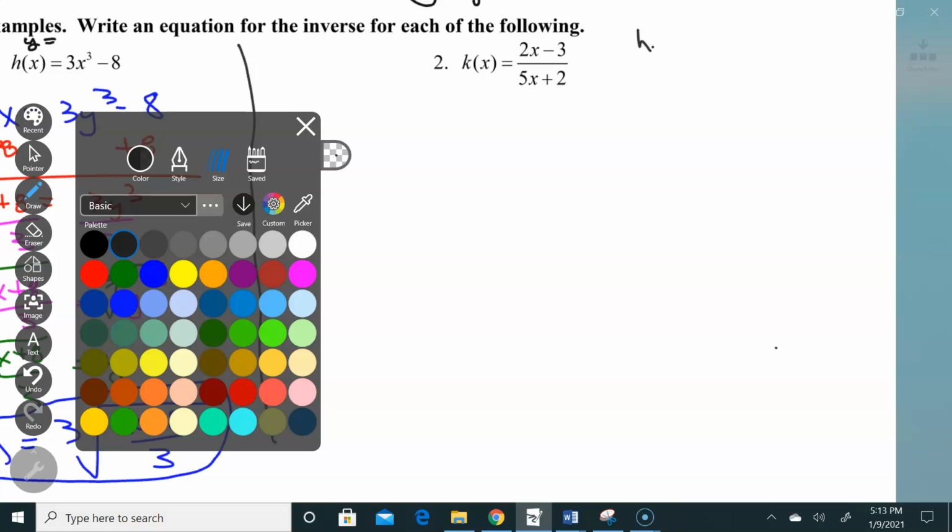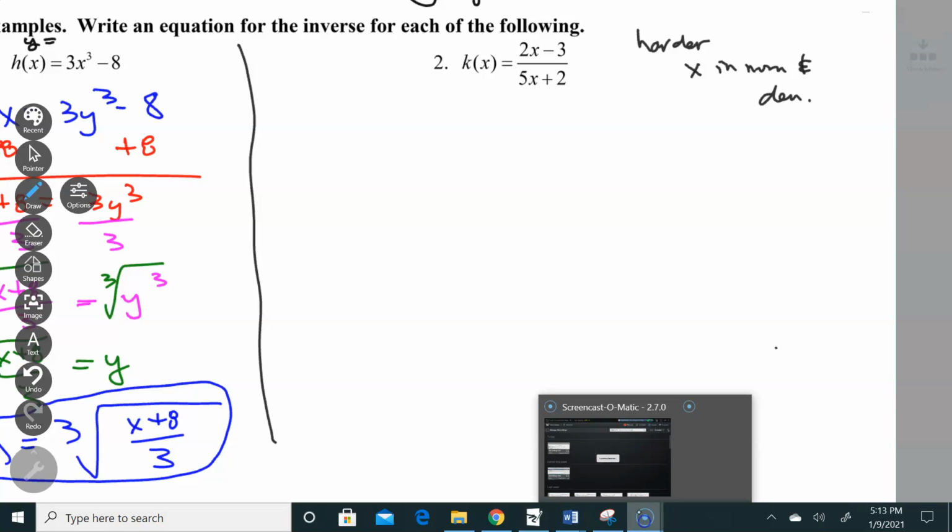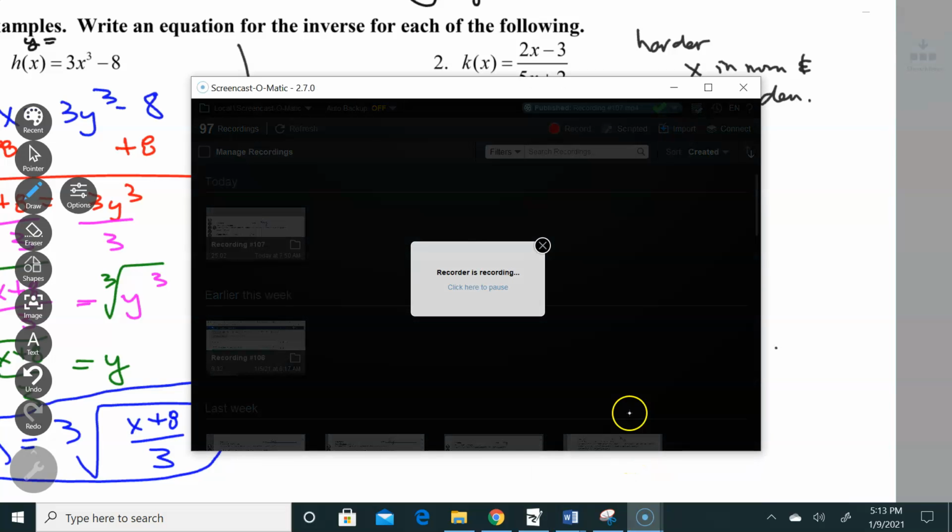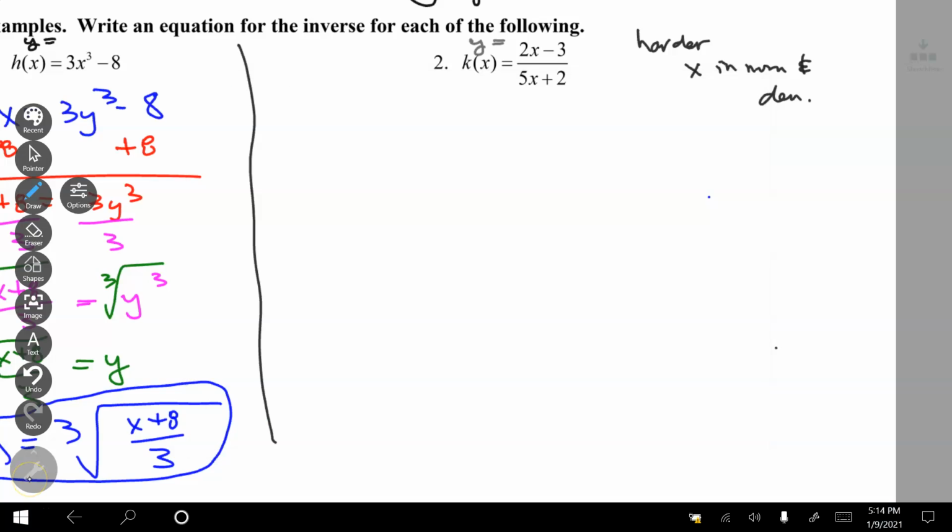This is harder because we have x in the numerator and denominator. So if I can find my recording. Sorry about that. Sometimes it happens when I'm on the tablet form that I lose my cursor or I lose my record.